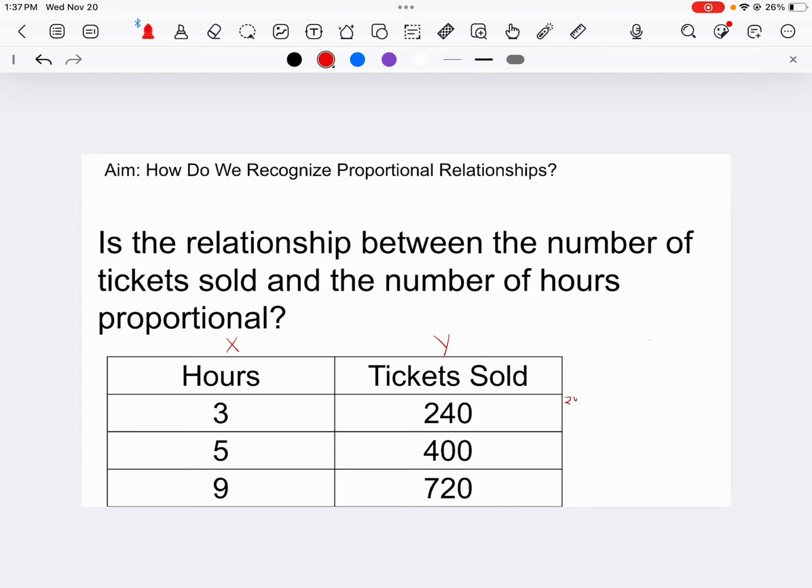So I'm just going to check if y divided by x is the same. 240 divided by 3 is 80. 400 divided by 5 is 80. 720 divided by 9 is 80. Since I got the same number for each ratio, they're all equal to 80, we can say that this table is proportional.